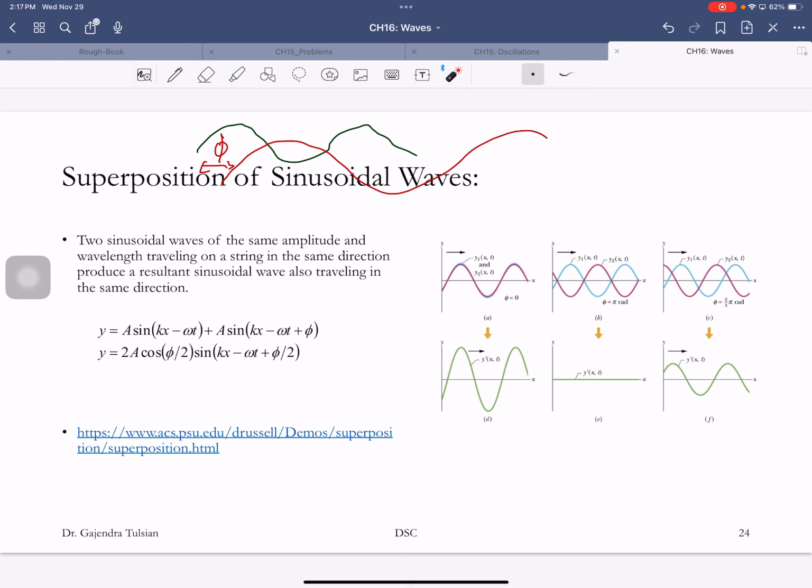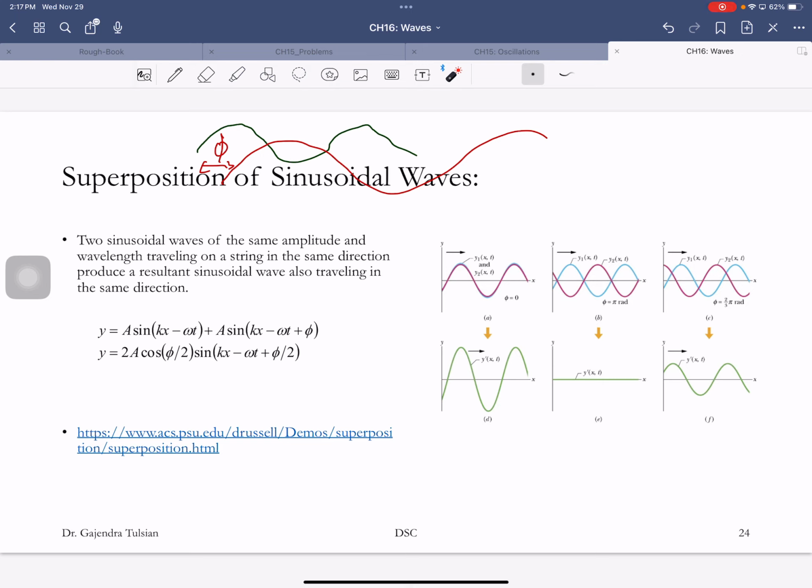Whatever location they reach, these 2 waves are always canceling each other. So I'll send these 2 waves with a phase shift of 180 degrees, and they reach this location and they're always canceling each other. You hear no sound.